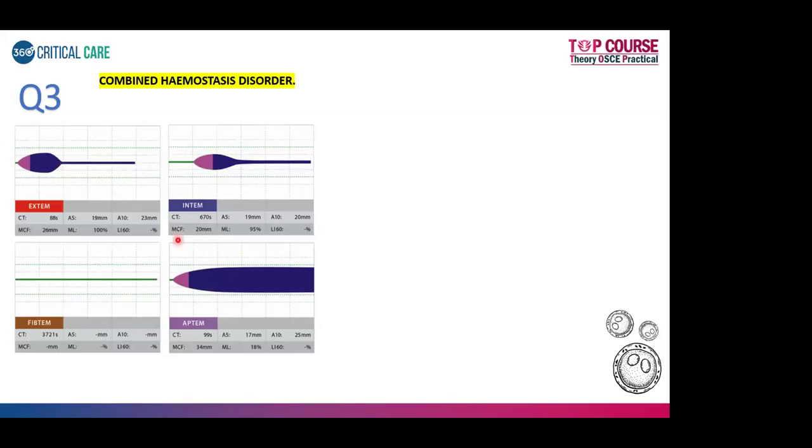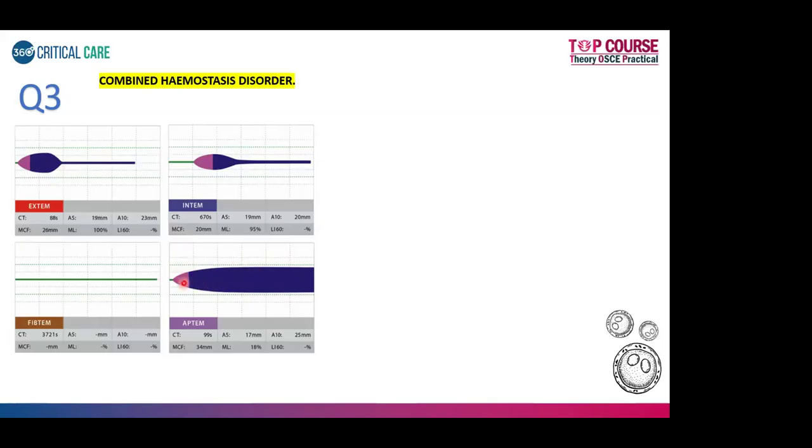Here there's hyperfibrinolysis, which is being corrected with tranexamic acid. But it's not reaching the green lines, which indicate normal function. So there is some issue with what? Fibrinogen also. Platelets. Okay, amplitude is always platelets.